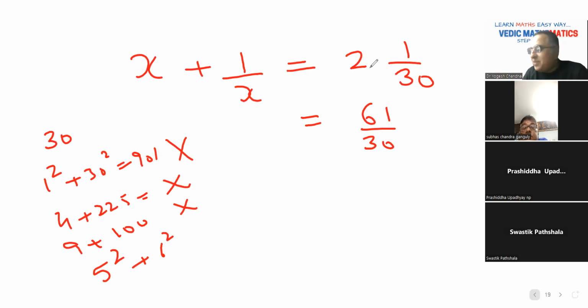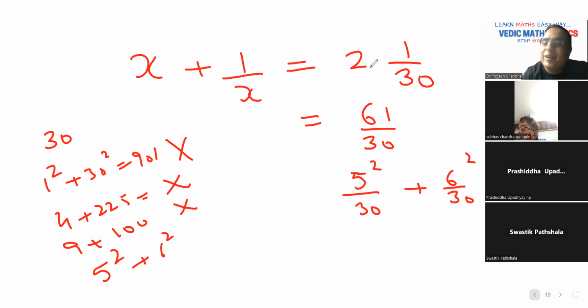So that means, can I write this as 5² by 30 plus 6² by 30? What is this? 5 and 5 gone, so 1 by 6. Sorry, 5 by 6 plus 6 by 5.